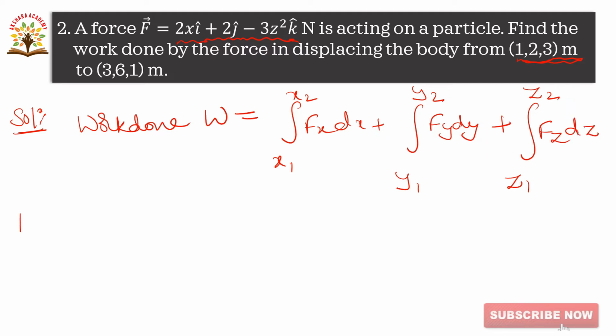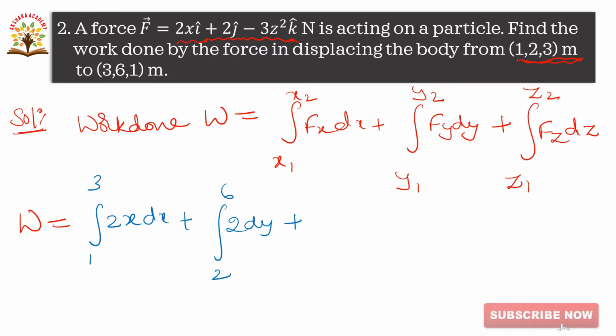So W is equals to, here we are taking the points 1 to 3 for 2x dx, plus the i component, j component and k component, here 2 dy from 2 to 6, plus integration of 3 to 1 of 3z square dz.